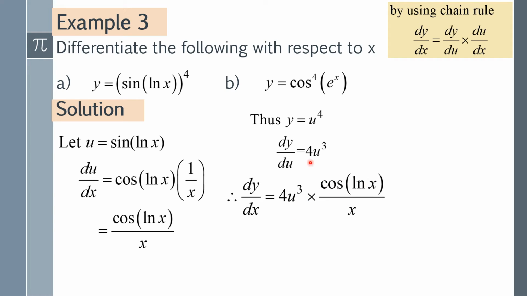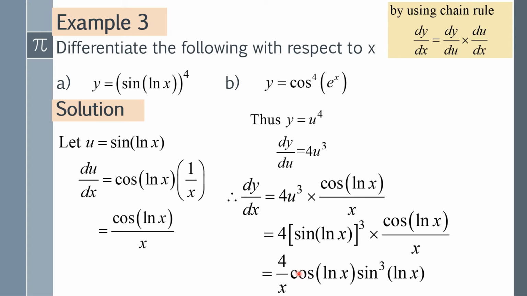We replace dy/du with 4u cubed, and du/dx with cos(ln x) over x. Then we substitute u equals sin(ln x). We have 4 over x cos(ln x) sin to the power of 3 (ln x).